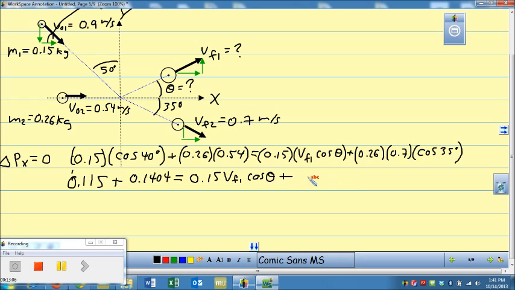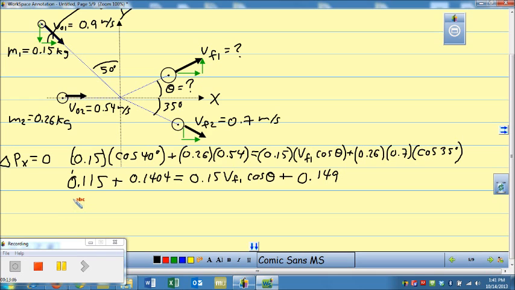That's 0.149. All right, and let me add these together. 0.115 plus 0.1404 is 0.2554, and I'm going to subtract off the 0.149 also.